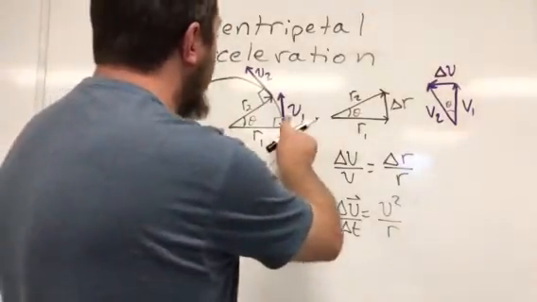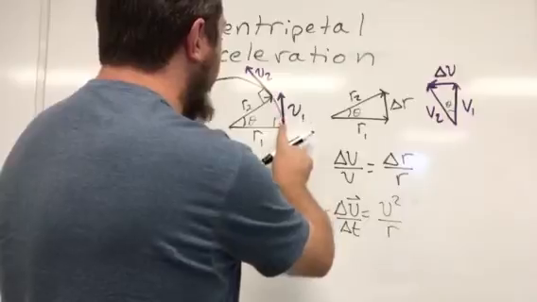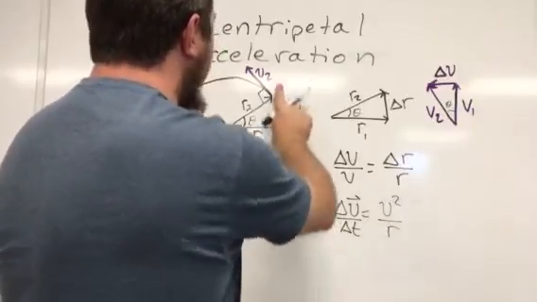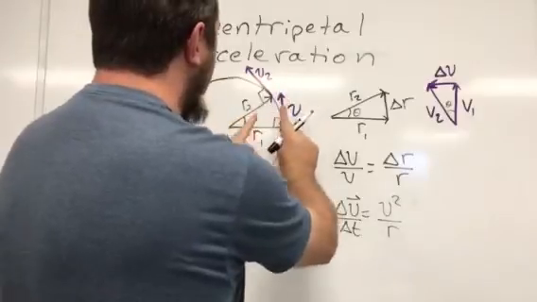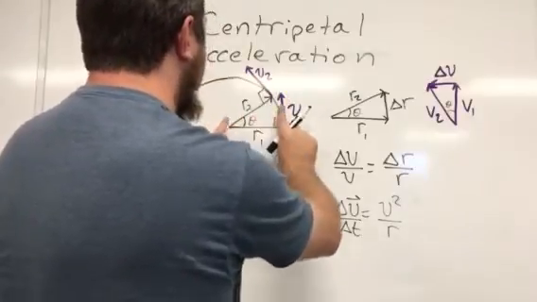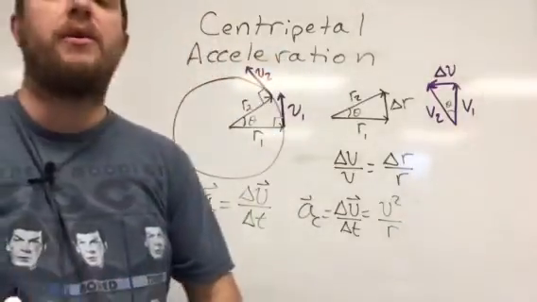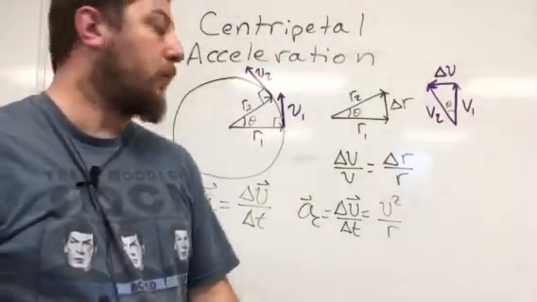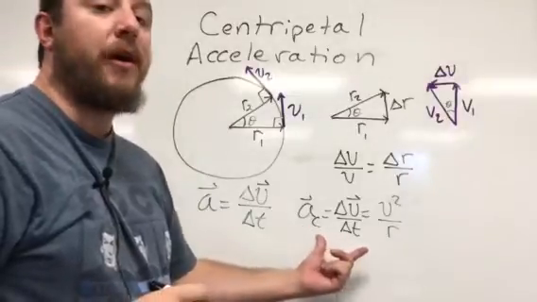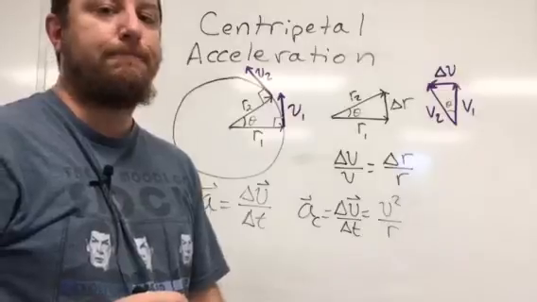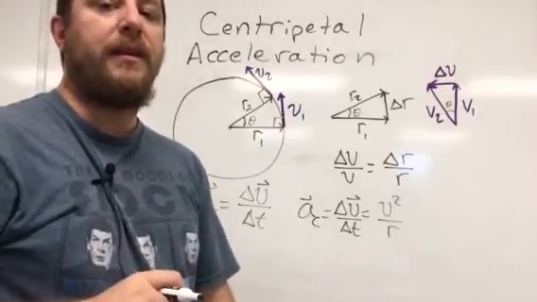What's happening is that because this object right here has this velocity vector in this direction, it wants to keep moving in this direction, but the acceleration pulling it toward the center pulls the velocity vector around, and that's what causes it to move in the circle. So the direction is always toward the center of curvature, and the magnitude is written as this. All right, hope that helps, and we'll see you next time.